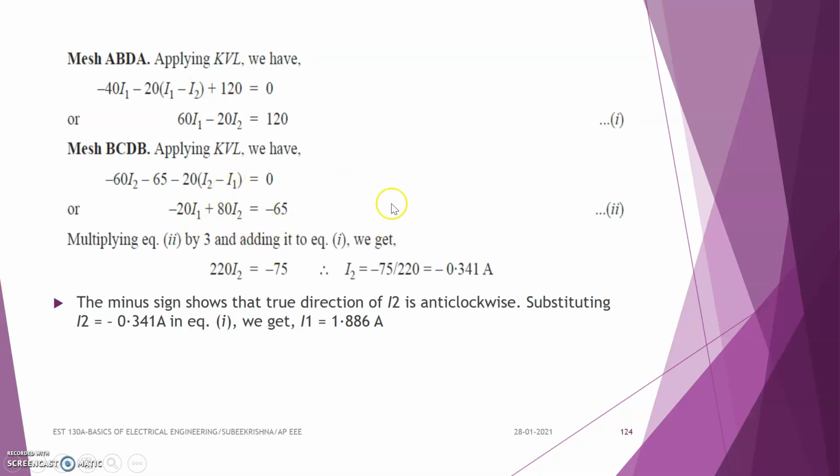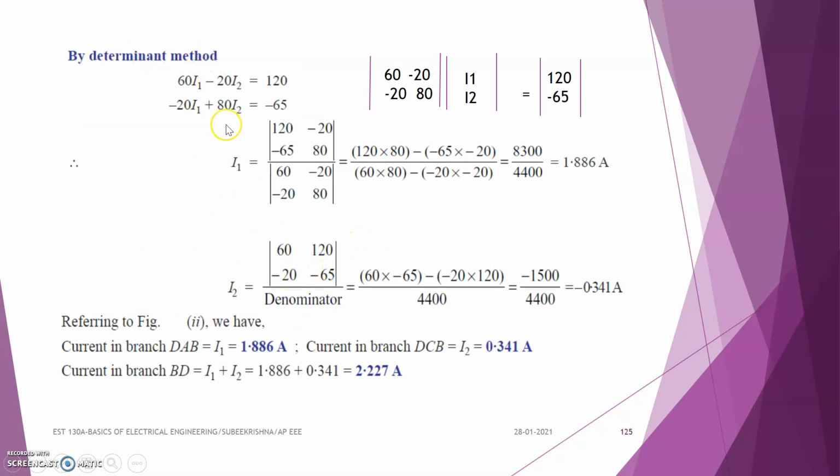By these mesh equations, we can write in determinant form: the matrix 60, minus 20, minus 20, 80 times I1, I2 is equal to 120, minus 65.